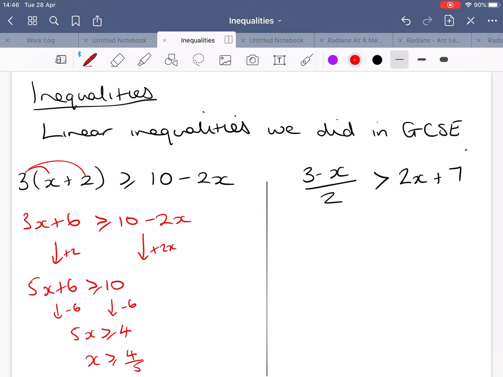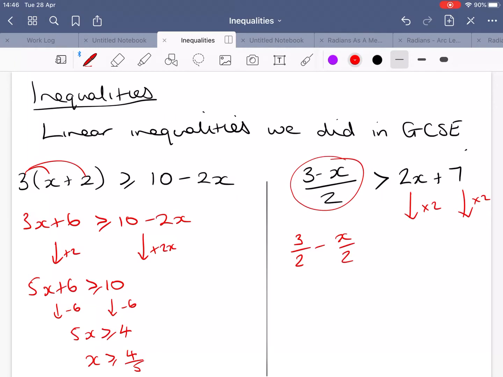And if you remember, the rule is we have to multiply everything by 2. Now, the right hand side is easy, because I'm just going to multiply everything by 2. But let's think about what this actually means before we go on. 3 minus x all divided by 2. Well, it actually means the 3 is divided by 2 and the x is divided by 2. So I can actually split it into the 2 parts.